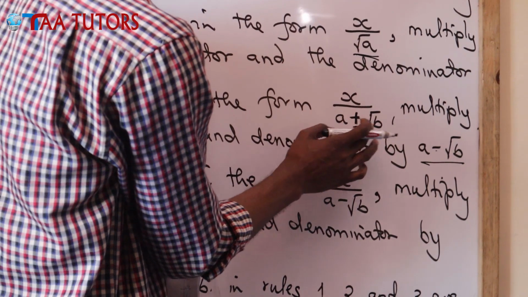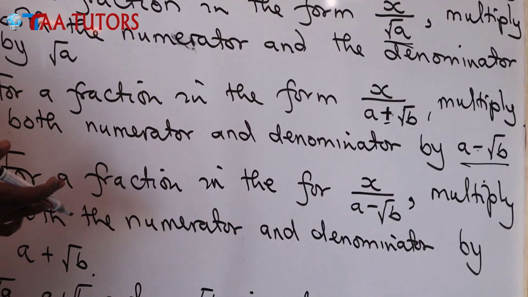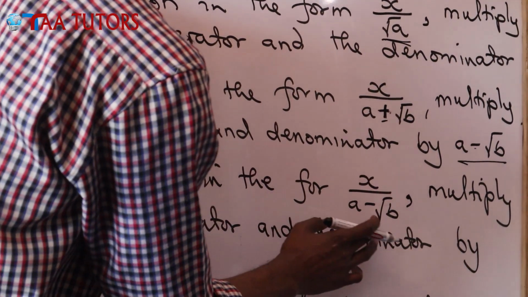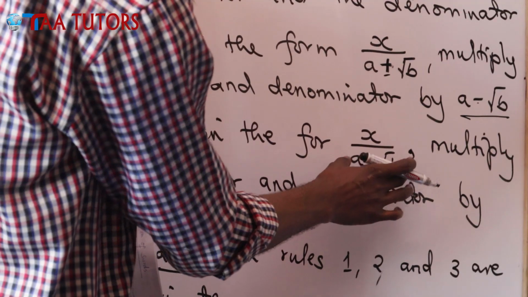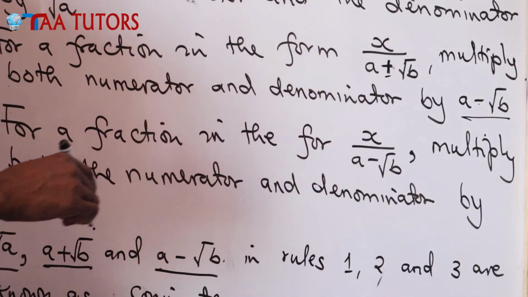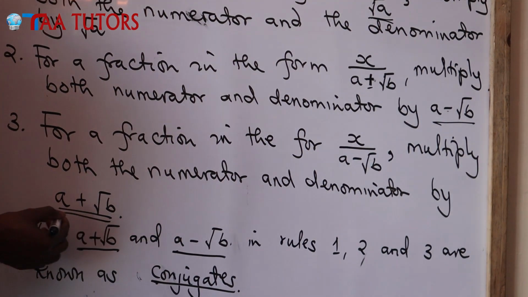So if this is A plus surd B, the conjugate should be A minus surd B. The third rule talks about when the denominator is A minus surd B. Then the conjugate of the denominator must be A plus surd B.